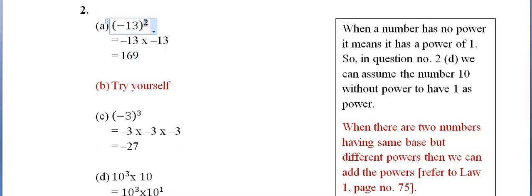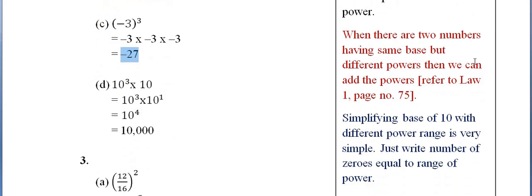And if there is a negative base and the power is an odd number, then your answer will be negative. Just remember that. Now let us move on to question number 2D.